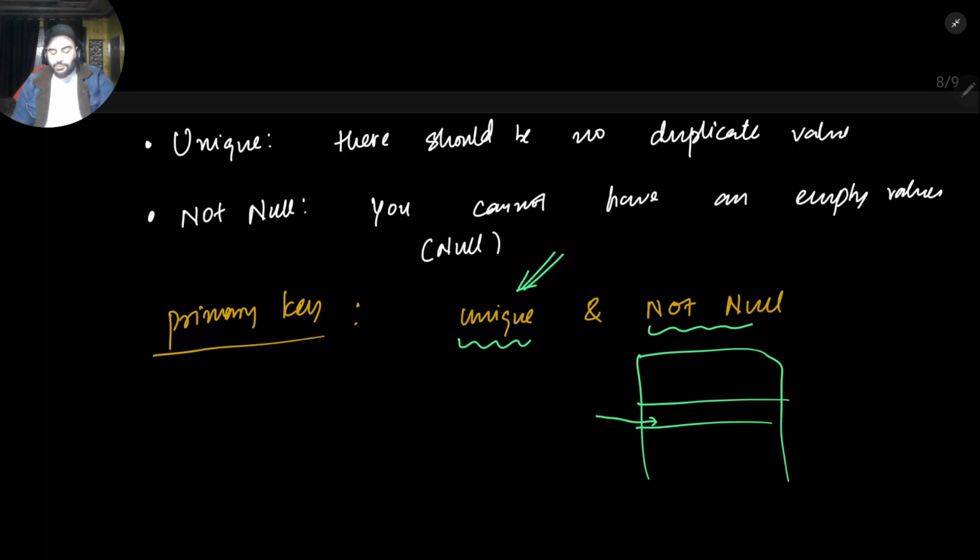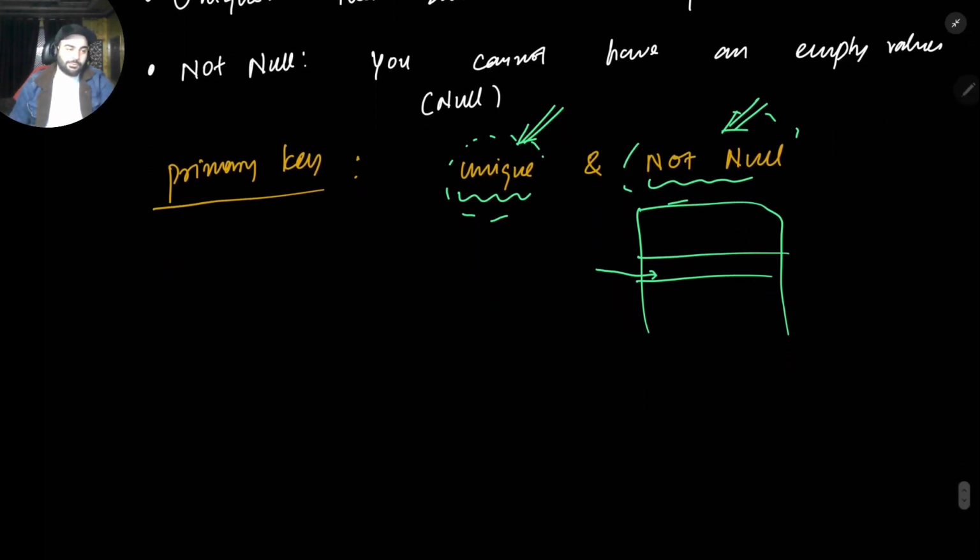It should be unique and it should not be empty or null. So that's how we make a primary key. If you are making an attribute a primary key, you must ensure that it has unique values and not null values. That's why we call it a primary key. So this is another constraint. When you write something as a primary key, definitely it will have unique values and not null values. Okay.